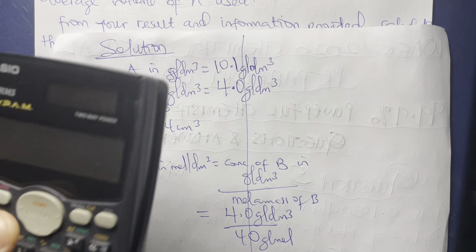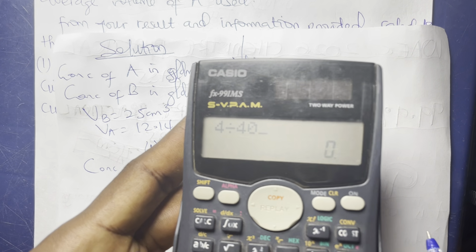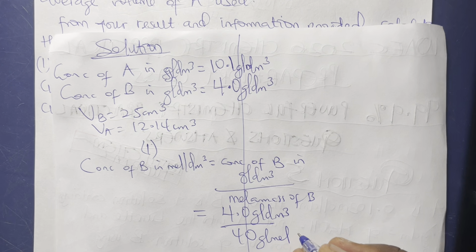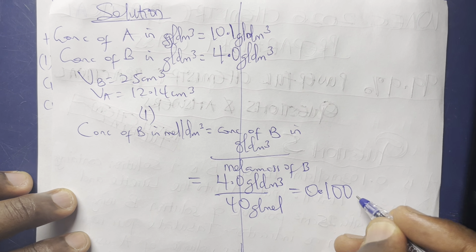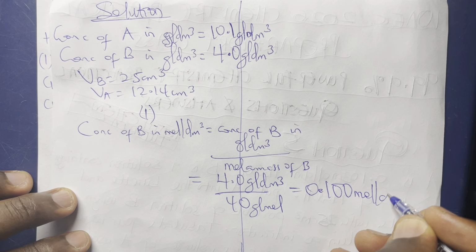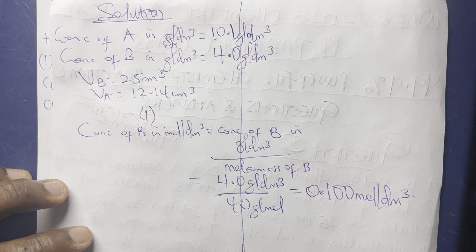So 4 divided by 40 is 0.1. So the concentration of B in mole per dm cube is 0.10 mole per dm cube. That's the answer for that.